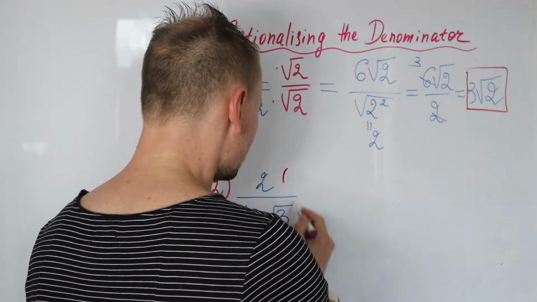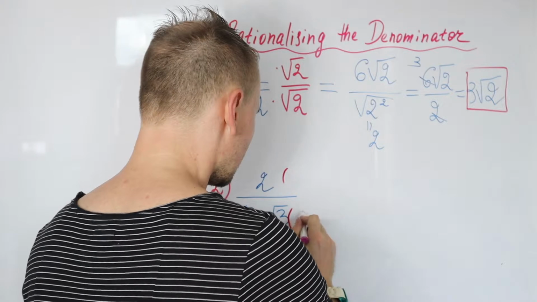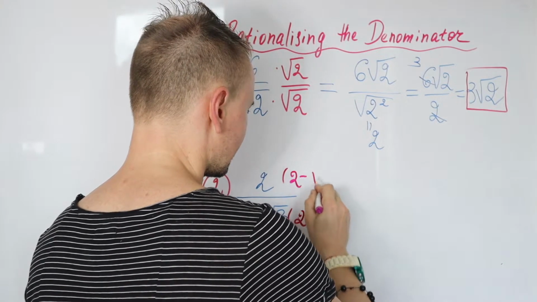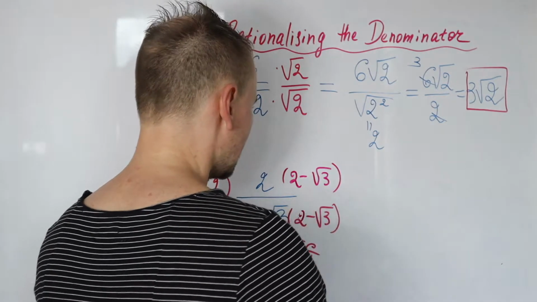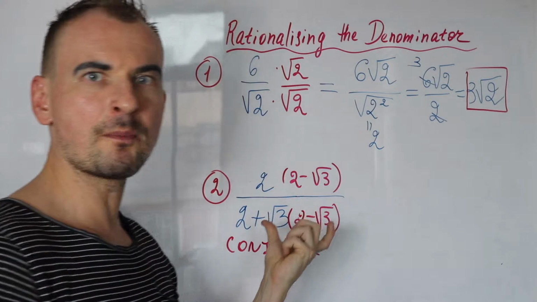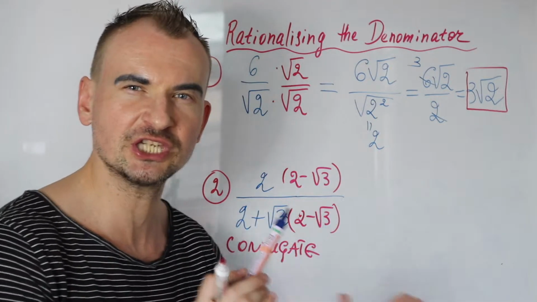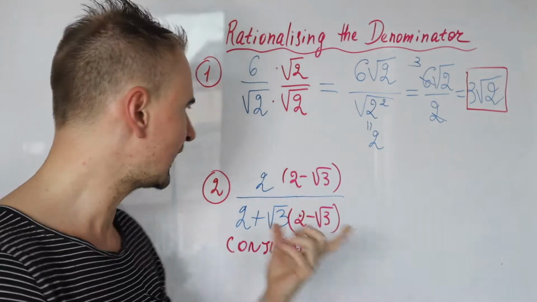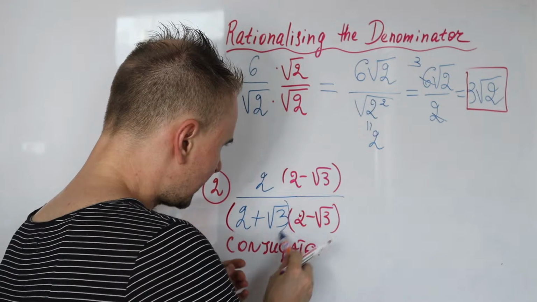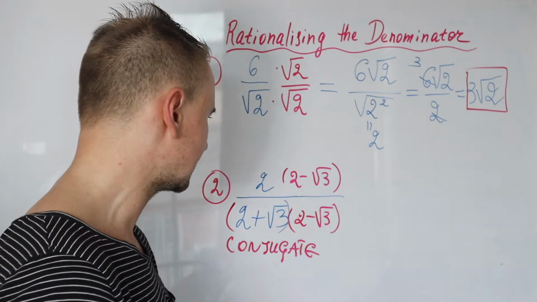So in this case, you multiply top and bottom by 2 minus root of 3. Again, you have to multiply top and bottom simultaneously, because we don't want to change the overall value of this expression. And you need to include it within parentheses.